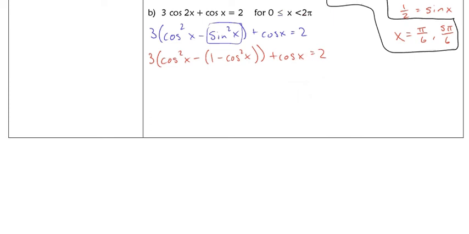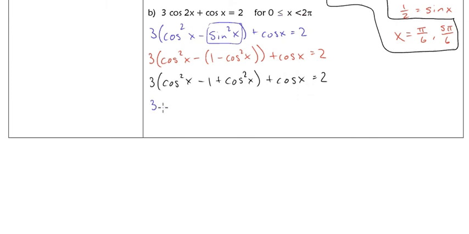Now we're going to multiply this all out. Let's clean it up in the middle first here. So 3 times cosine squared of x minus 1 plus cosine squared of x plus cosine of x equals 2.